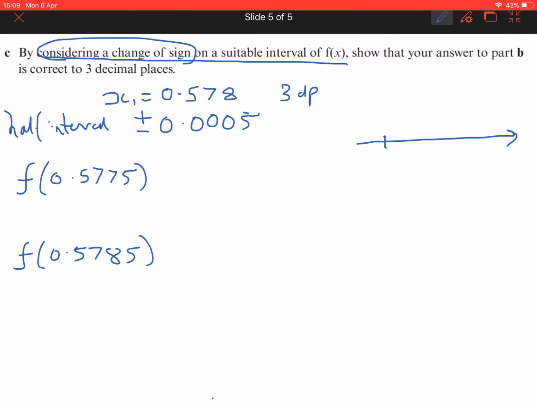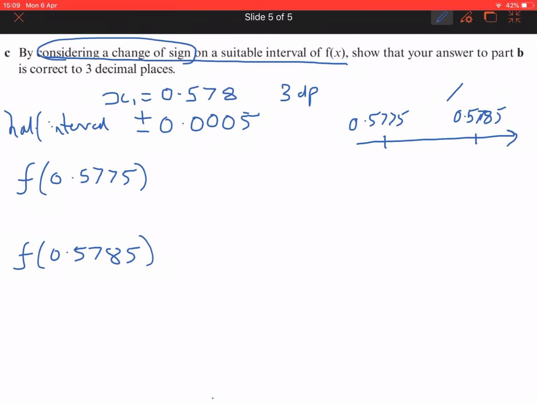So when I evaluate it at 0.5775, it could be below or above the axis, and when I evaluate it at 0.5785, it could be above or below the axis, but the opposite to what happened at 0.5775.